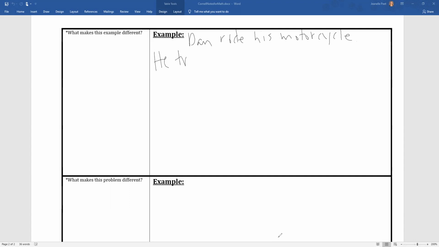He traveled 243 miles on 4 5/10 gallons of gas.